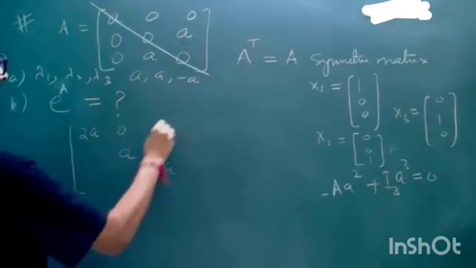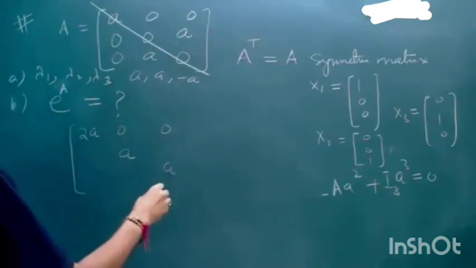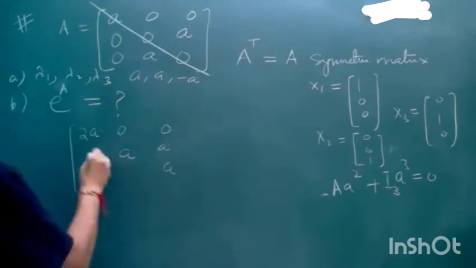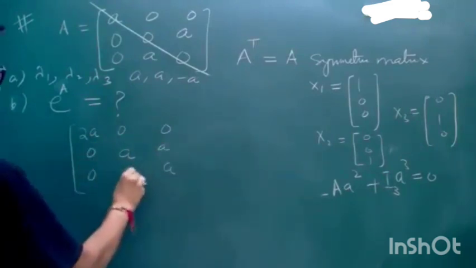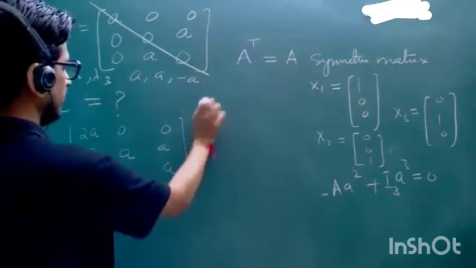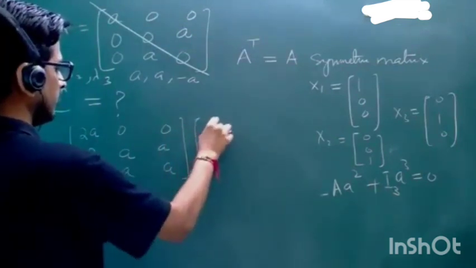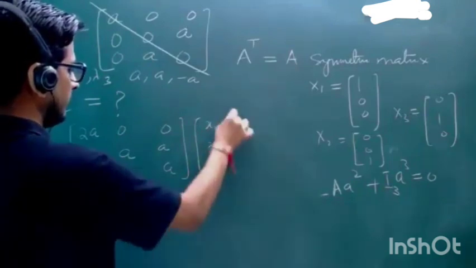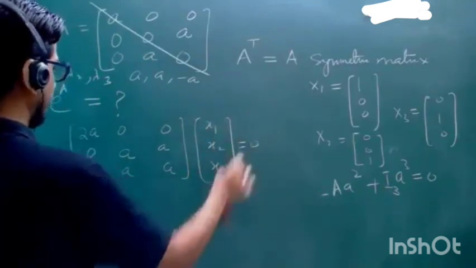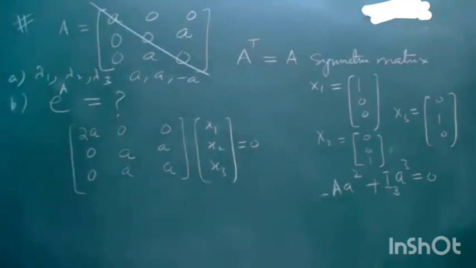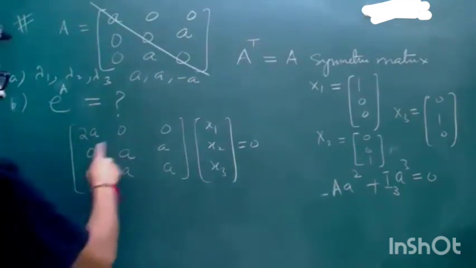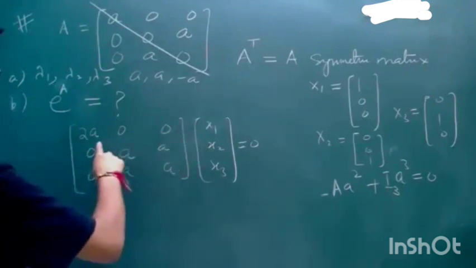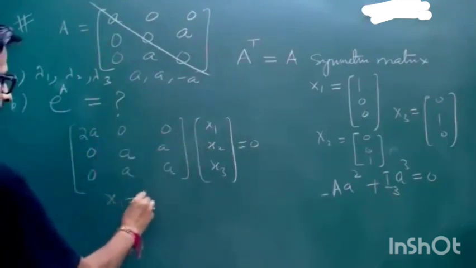and 0 0, a 0 0 a. This into x1 x2 x3 is equal to 0. Is this what is coming? Yes, sir. So the first element will give me x1 is equal to 0.